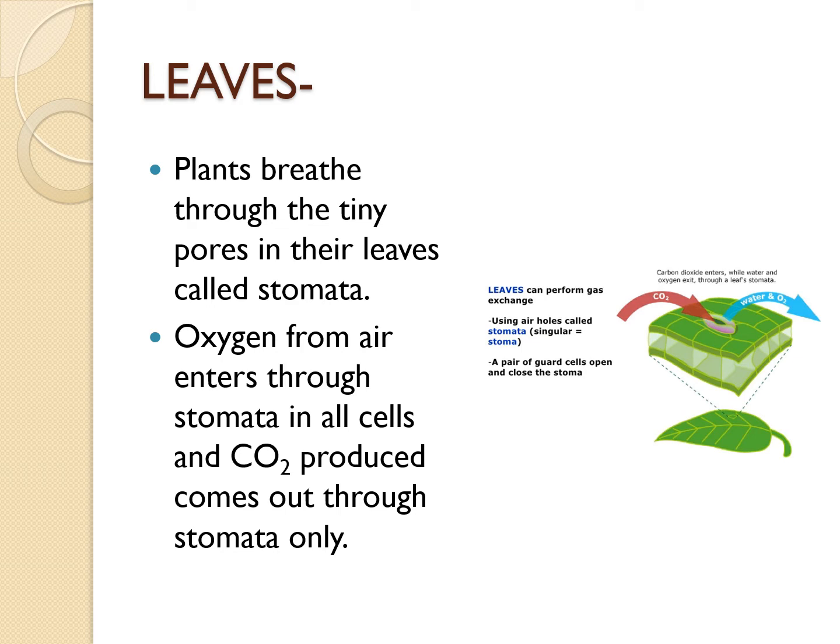The stomata are responsible for the gaseous exchange, and oxygen from the air enters the cells with the help of stomata, and the carbon dioxide which is produced also comes out through the stomata only. And this stomata is helped by a pair of guard cells which open and close whenever the gaseous exchange happens inside the leaves.